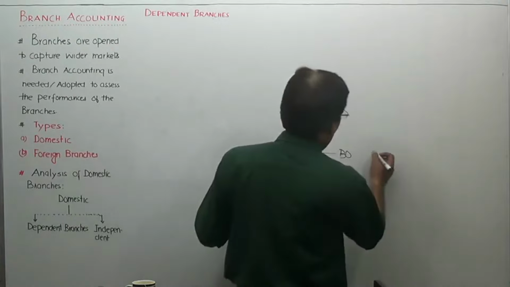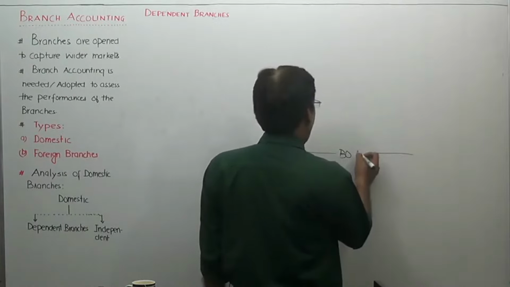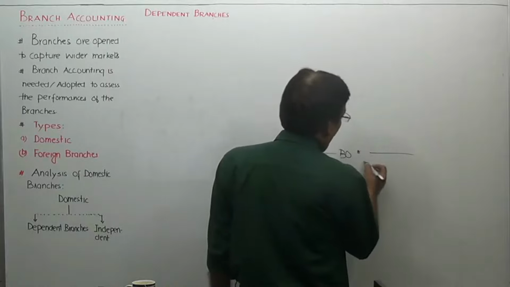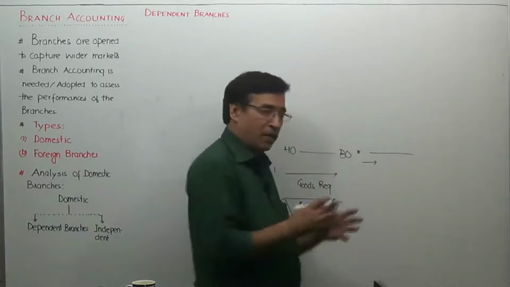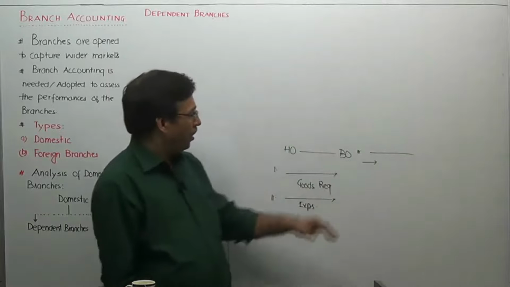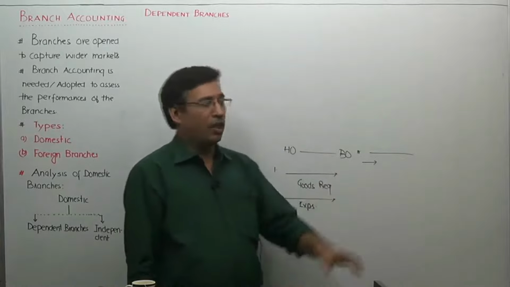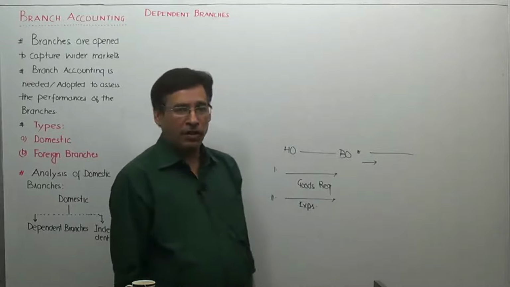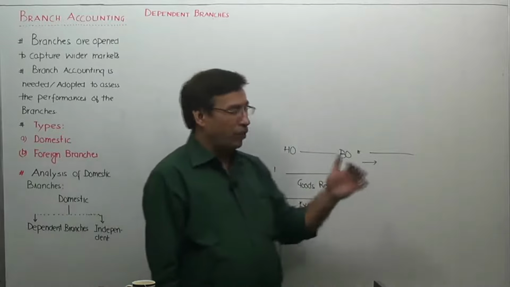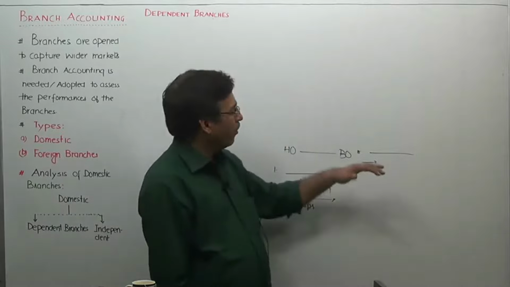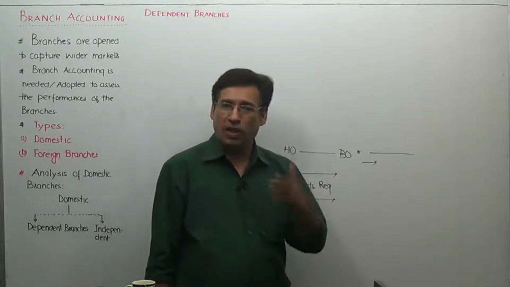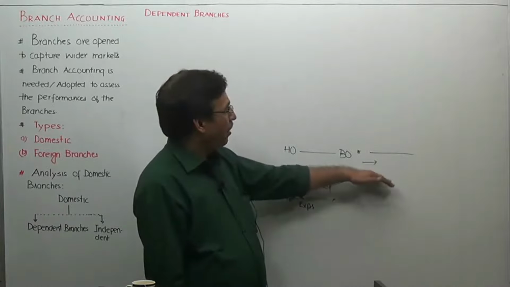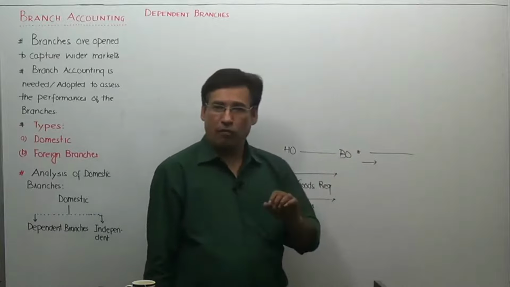Then, third point. All the major policy decisions shall vest in the hands of the head office. It means the branch is not allowed to take any independent decision. All the decisions with respect to marketing, selling price, and anything else shall be completely in the hands of the head office.